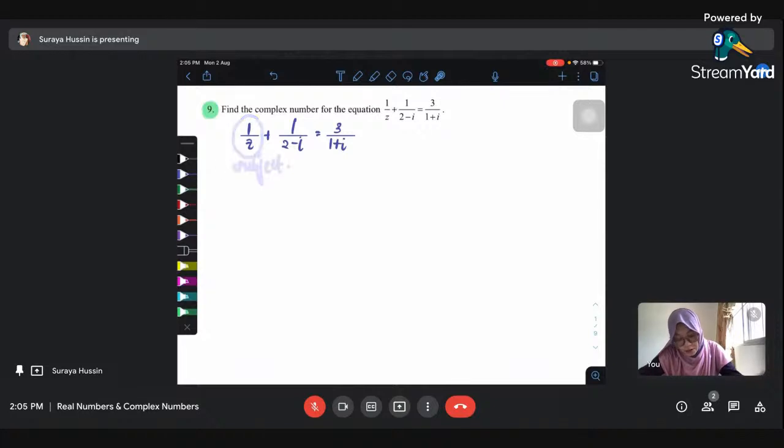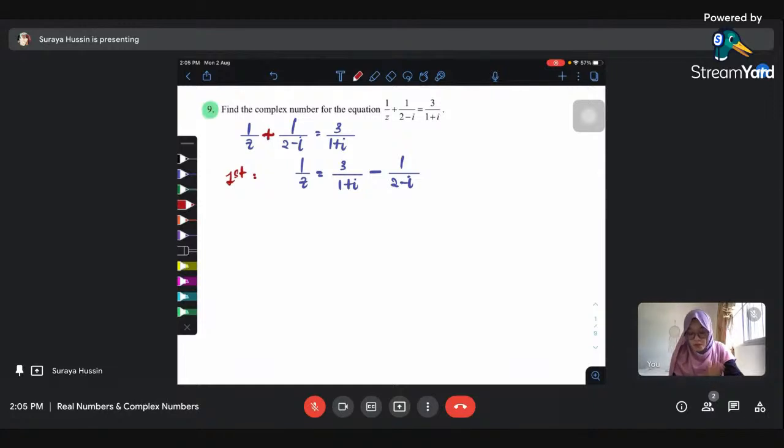Therefore, you jadikan 1/Z sebagai subject and then make it equal to 3/(1+i) minus 1/(2-i). Okay, this is the first step. First step yang kamu perlu buat adalah rearrange them so that 1/Z will become your subject.